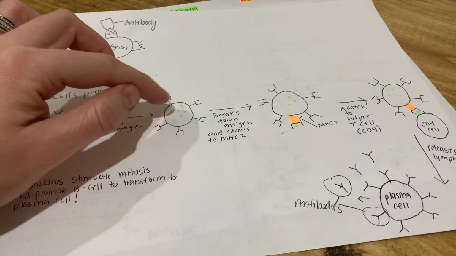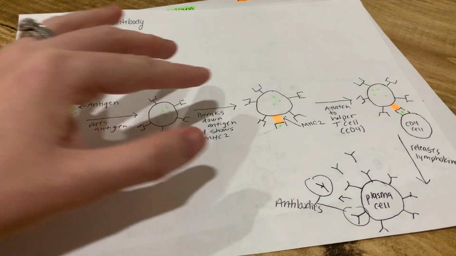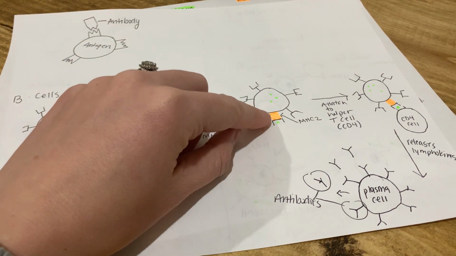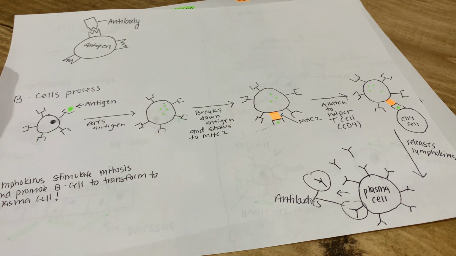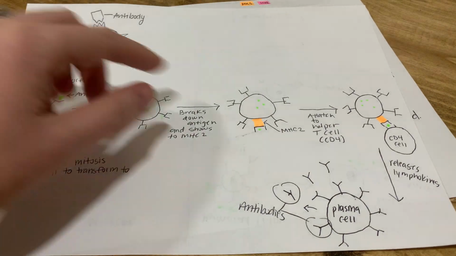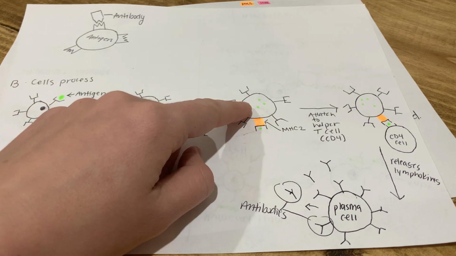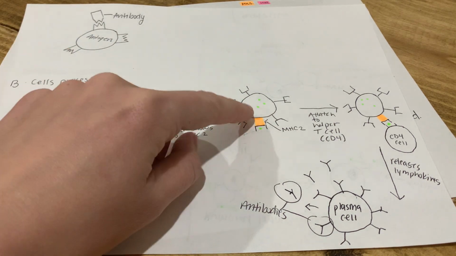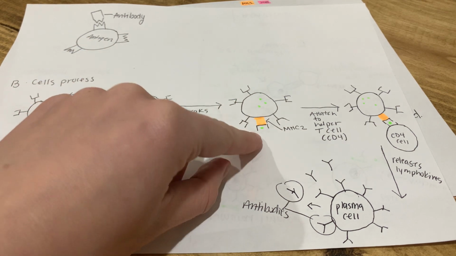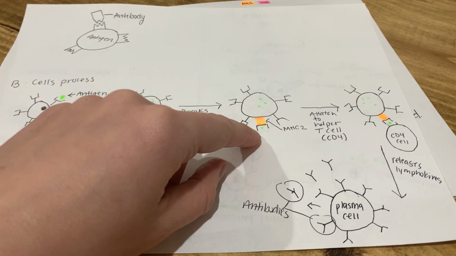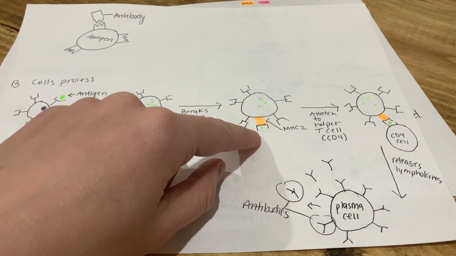The broken up pieces will then be distributed, and this is an MHC2 protein that will show. So say you broke down this antigen into tiny bits. You took one little bit that you broke off, and it's going to show it on the outside of the cell on this MHC2 receptor.